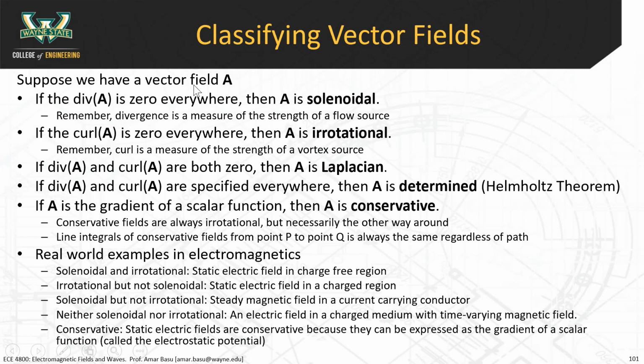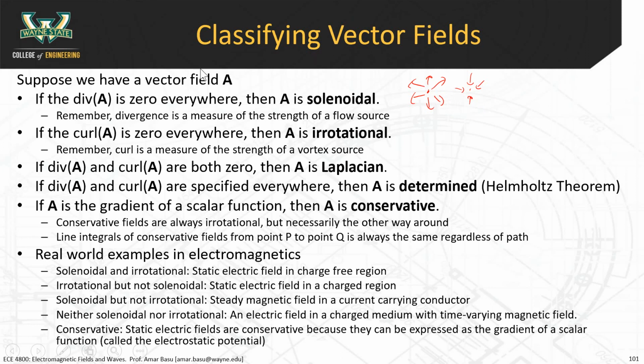So if you have a vector field A, if the divergence is 0 everywhere, then A is solenoidal. Okay, divergence means you have divergence. Remember, it means that you have vectors going out of a certain point or into a certain point.